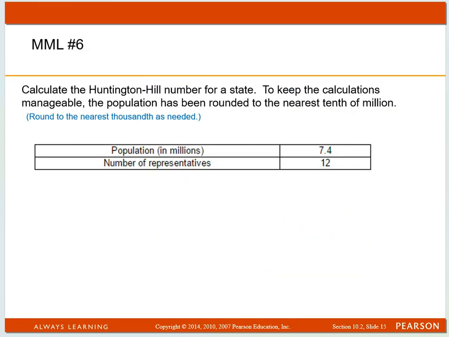And then when you go to number 6, once again, calculate the Huntington-Hill number for a state, and they give you, once again, the population is in millions, and then they say 7.4. 7.4 is 7,400,000.